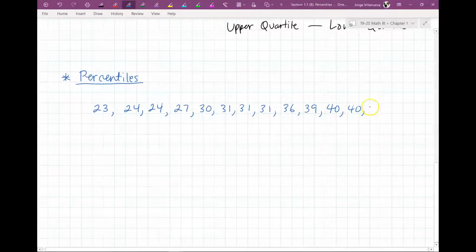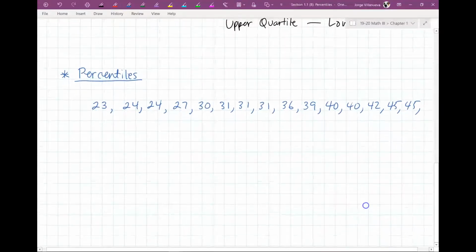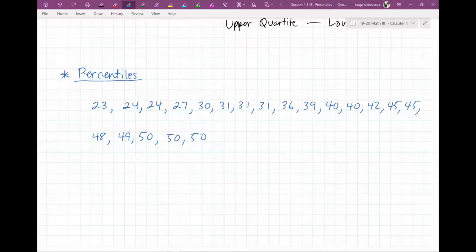I should probably go up to 20, so I'm going to go up to 20. 42, 45, 45, 48, 49, 50, and two more, we'll do 50 and 50. So there's a bunch of data for us, 20 different pieces.